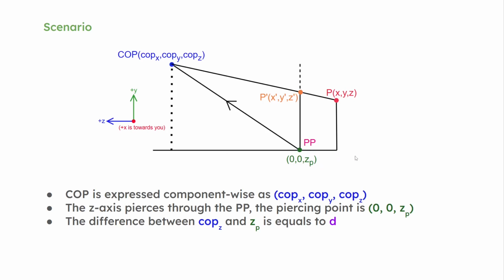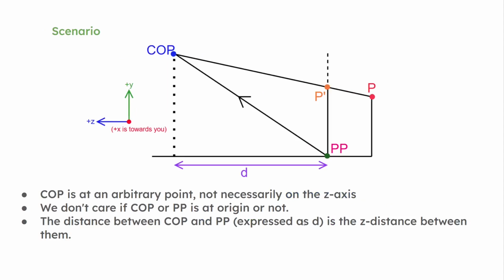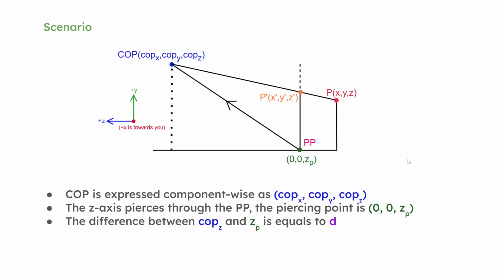Since this is the z-axis, every x and y value is 0, but it has an arbitrary z value, so we'll call it ZP. The difference between COPz and ZP will be our distance, the distance between the COP and the projection plane. To calculate the distance, or COPz, or ZP, we'll need the values. If we are given any two of these values, we can calculate the third one.